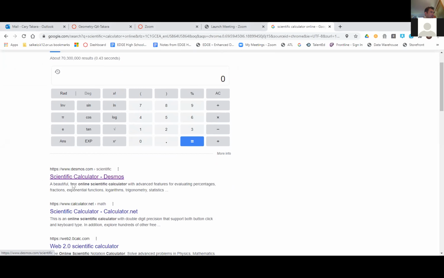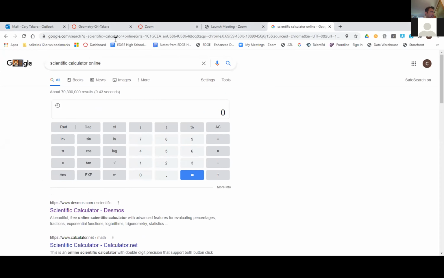So the first one is Desmos, or you can just use right here, right? You can maybe bookmark it, and then you can do cosine of 32, and then you want to close the parentheses, and then times that by 7.